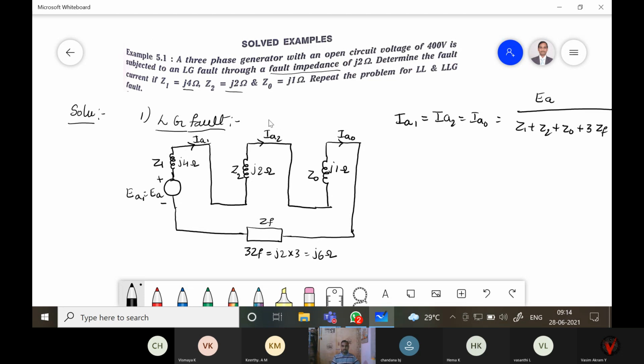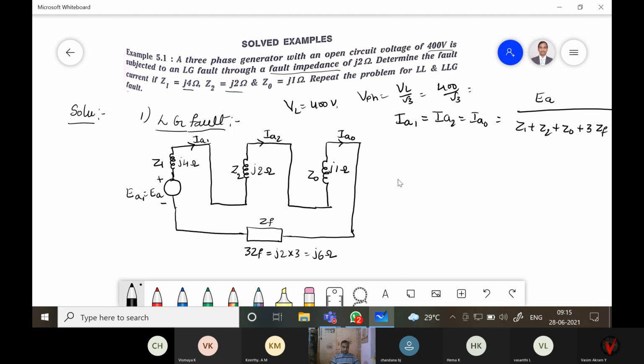So substitute the values. Here the open circuit voltage is given, that is 400 volt. Line voltage is given, VL is equal to 400 volt. So this is EA, the phase voltage. Therefore VPH is equal to VL by root 3, that is 400 by root 3.